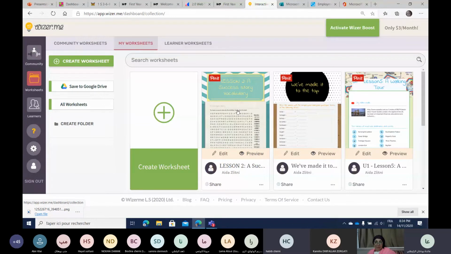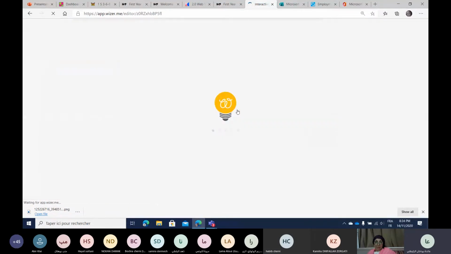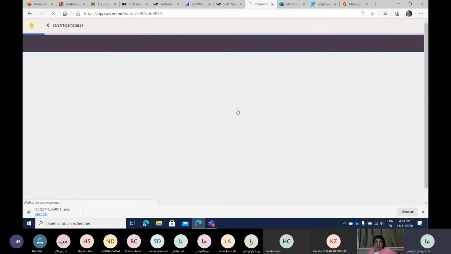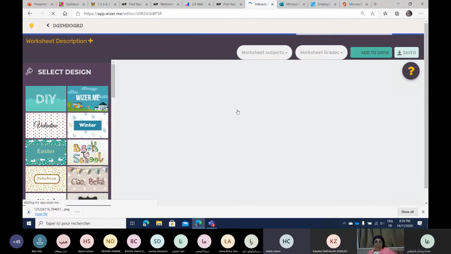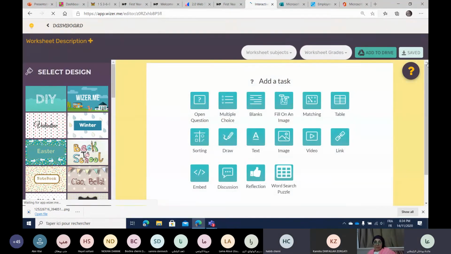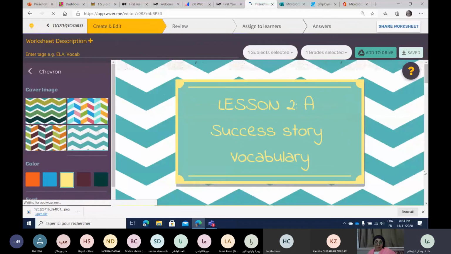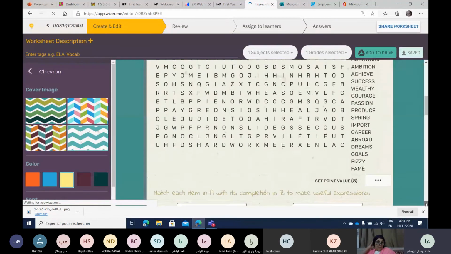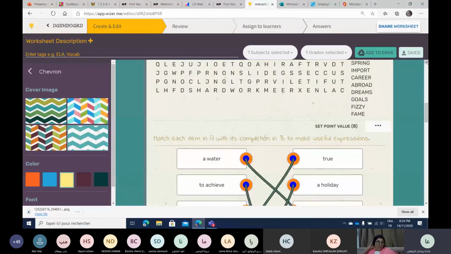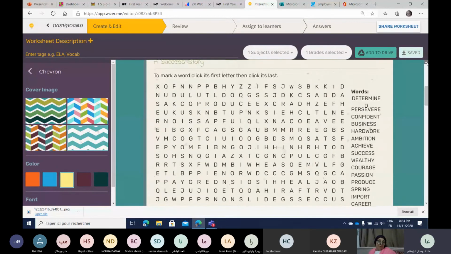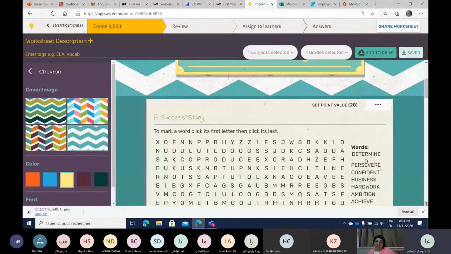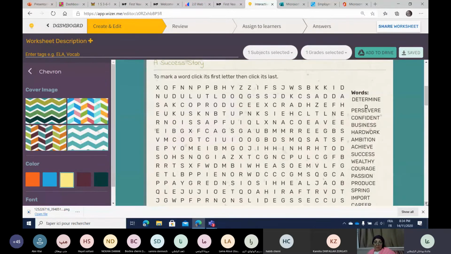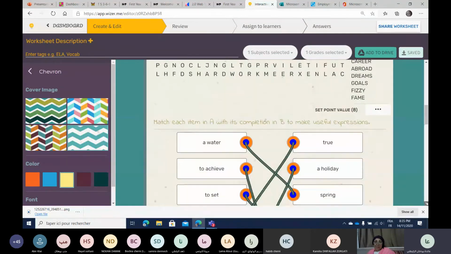Yeah. I will show you the tasks I dealt with on Wiser Me. Do you see my screen? Yeah, we can see it. Good. So okay, so this is fun. It is a vocabulary task lesson for first formers. So they will enjoy it, and at the same time they will review their vocabulary.